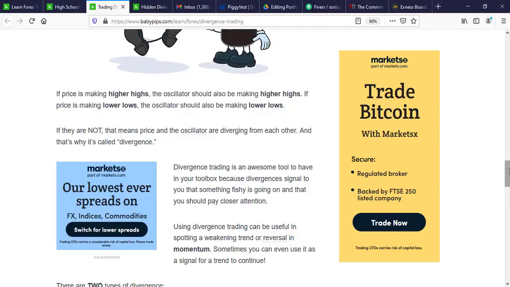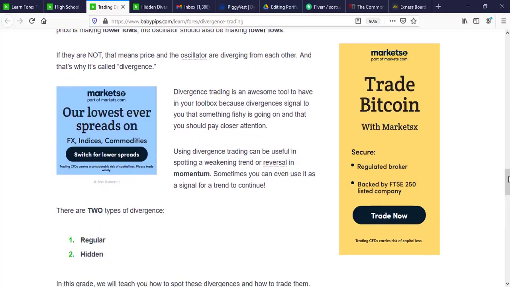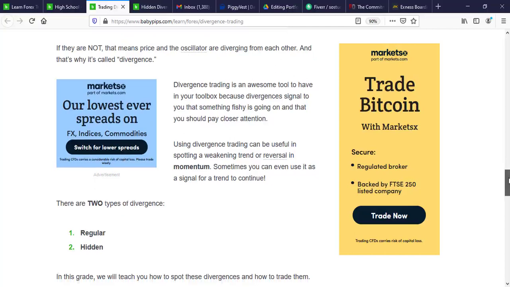So when one is moving in the opposite direction, it is called divergence, and this is a tool we are going to use to spot quick entries, end of momentum, a change in trend, and a change in market structure. Using divergence can be very useful in spotting a weakening trend or a reversal in momentum.